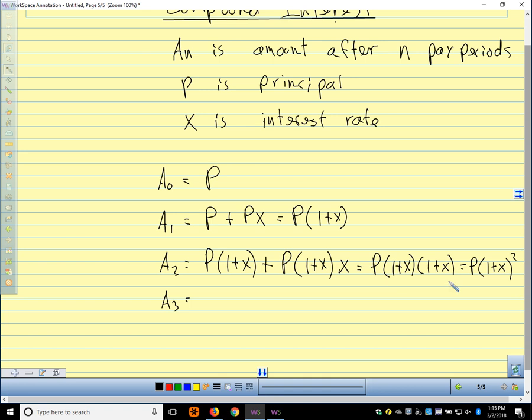After 3 pay periods, we have this much, P times 1 plus X squared, plus the interest we earn on this, P times 1 plus X squared times X. Well, now I can factor the P times 1 plus X squared out. Sorry, this should be X squared out here.